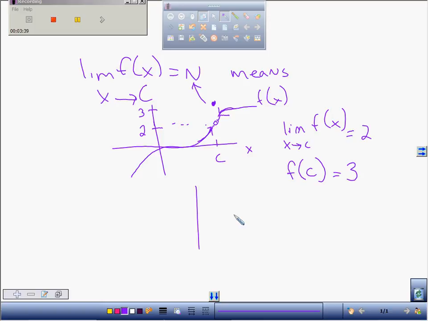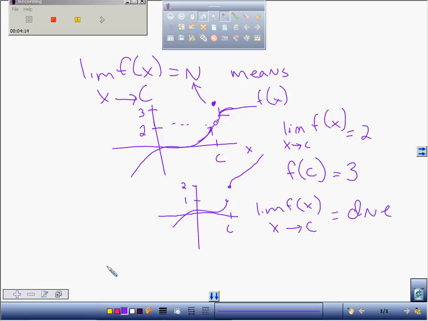So for instance, if you have a function that looks something like this, where this is 1 over here and this is 2 and this is c, and the function is like a piecewise function where you have one rule up to this point, another rule after this point. The limit of f of x as x goes to c, you could say it is DNE.